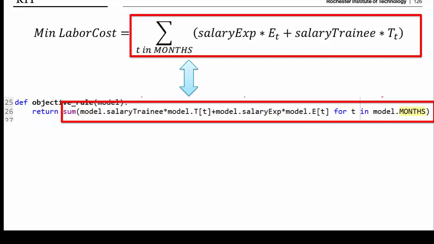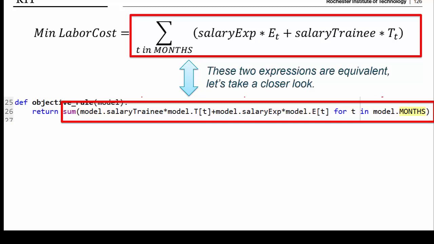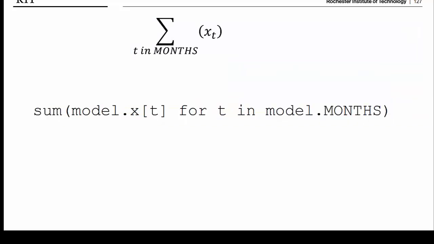So these two lines, on the top we see our objective function expression in a formulation that we would write on paper. That is exactly equivalent to what's in the red square below in Python code. So these two are equivalent. Let's take a closer look at them.